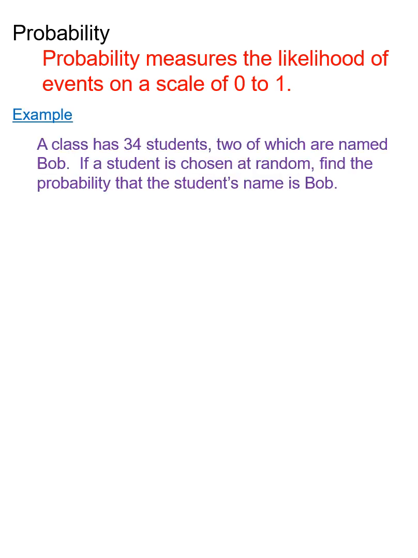Here's an example. Suppose we have 34 students in a class and 2 of them happen to be named Bob. What's the chance that, if a student is chosen at random, they're going to be named Bob? Well, such a probability would be 2 out of 34, of course, since there are 2 Bobs out of 34 in the class.